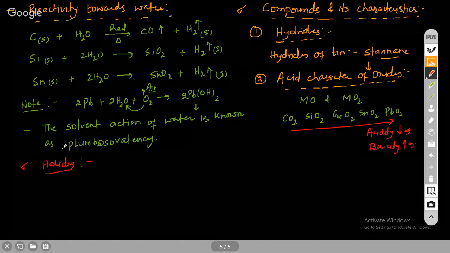All elements of this group form tetrahalides of MX4 type.